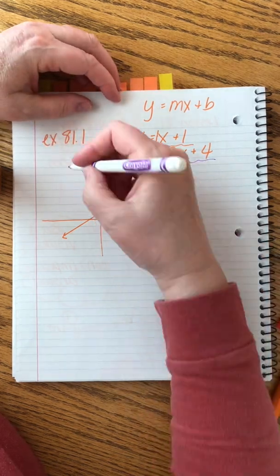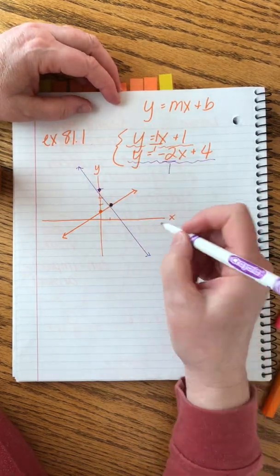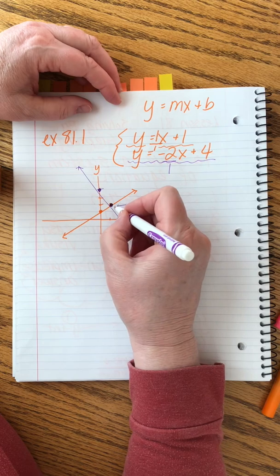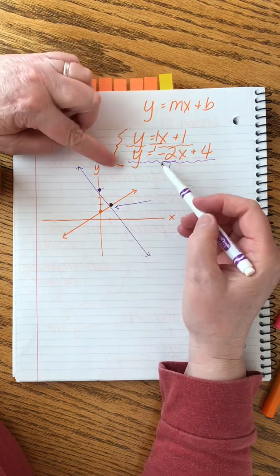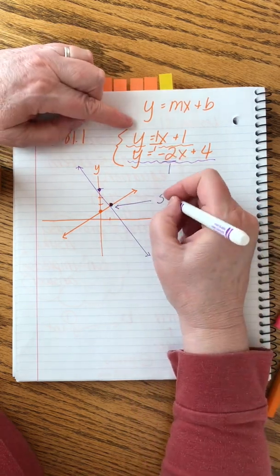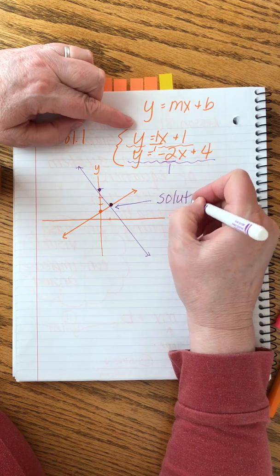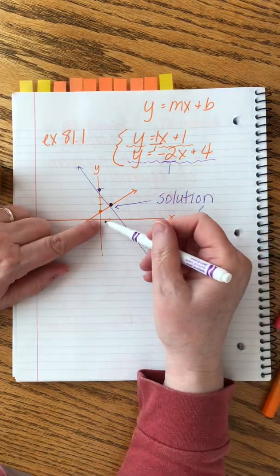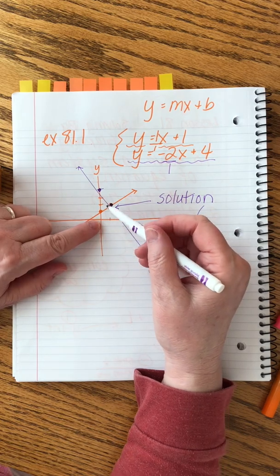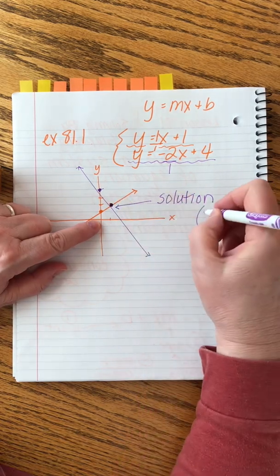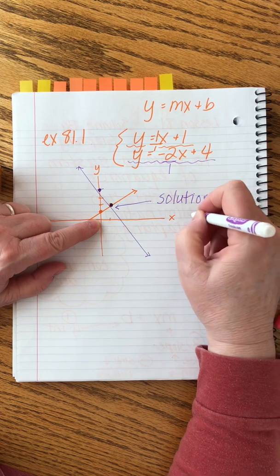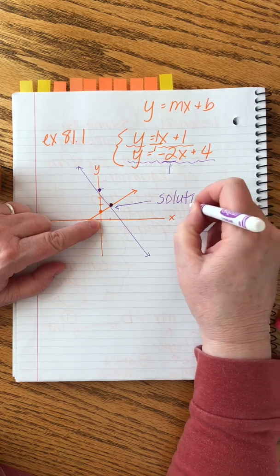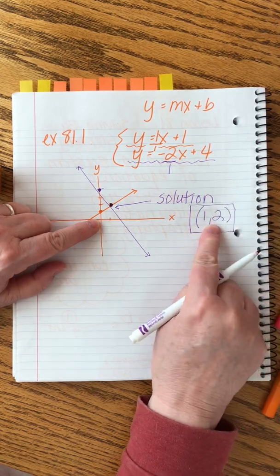Oh, it's not perfect, but pretend it is. What that means is that the solution for this system of equations is right here where the 2 lines cross. And in this particular case, we can see that it is the point (1, 2). It's easy to see that because that is such a nice, even solution.